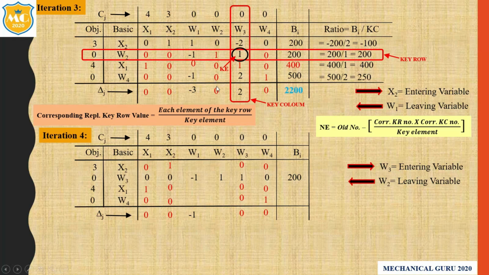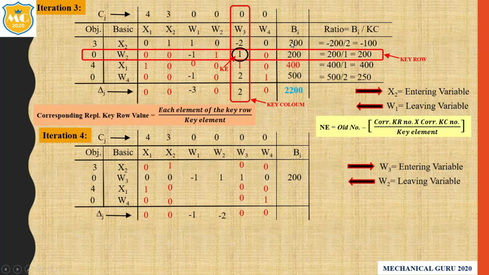Similarly, next we have to find out this value: old number 0 minus corresponding key row, that is 1, key column 2 divided by key element 1, so 0 minus 2, so here we get minus 2. So here all the delta J values are 0 and negative, which means we get the optimal solution. Now we just have to find out these 3 values.